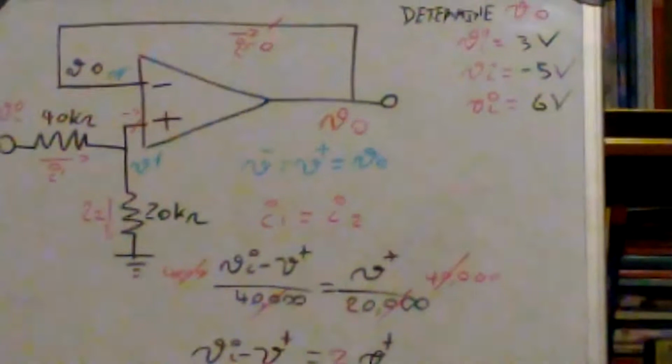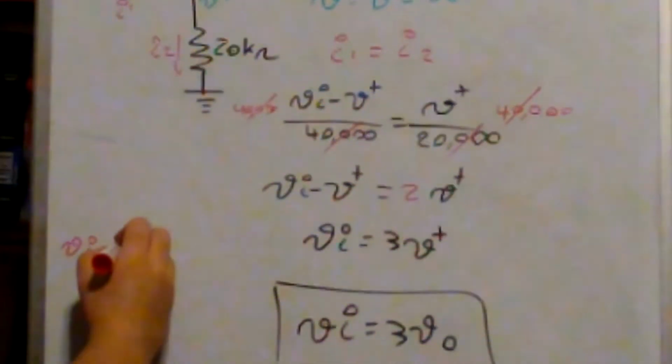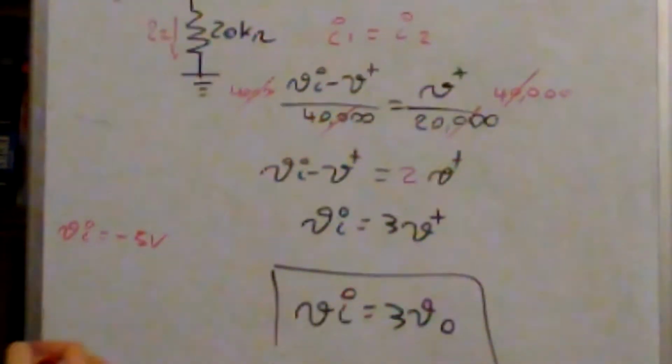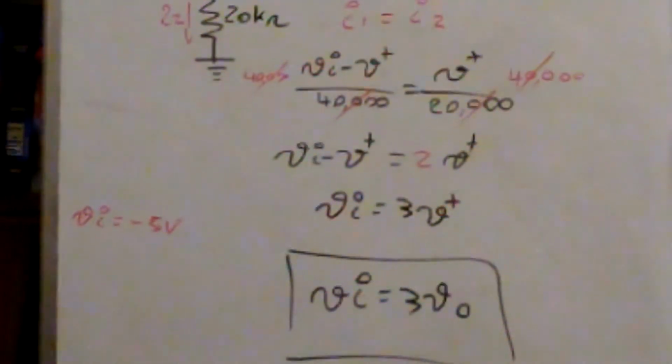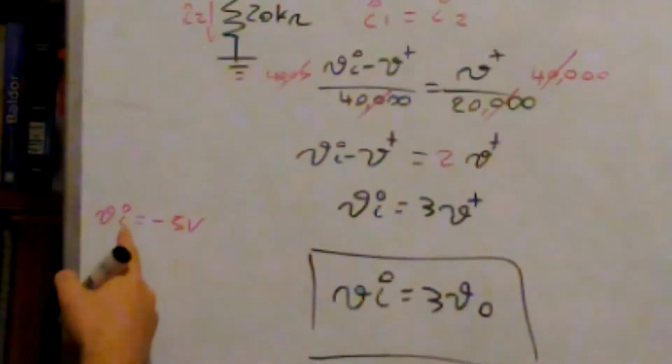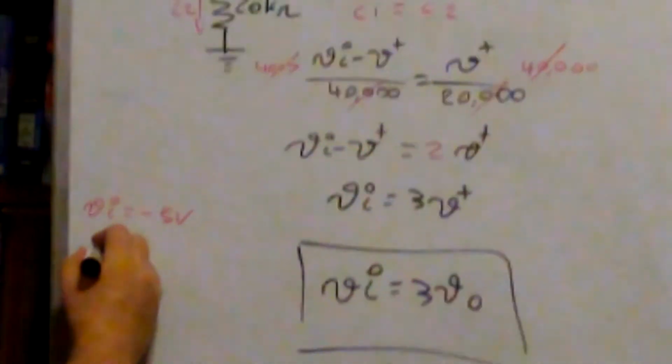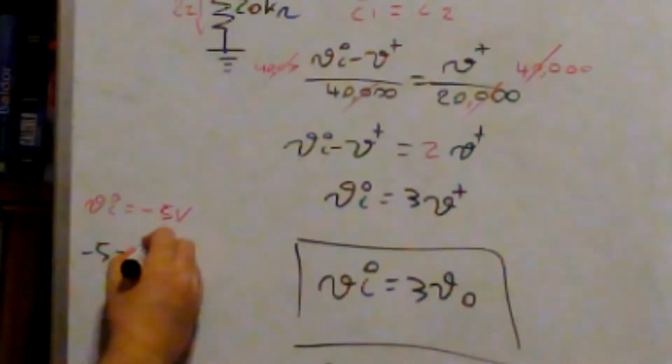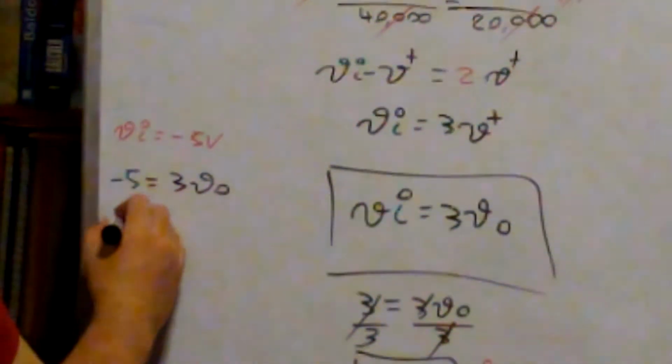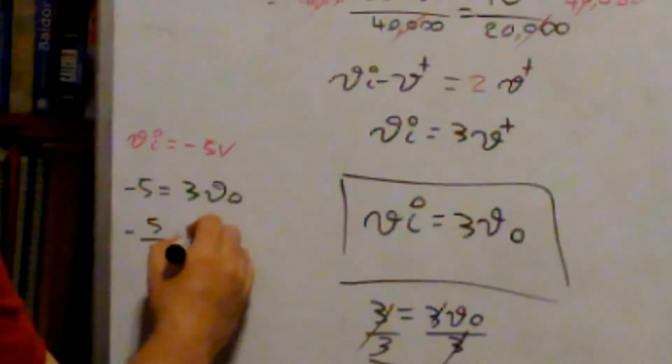Let's see the other case. What happens when Vi is equal to minus 5 volts? So minus 5 is equal to 3 Vout. Minus 5/3 is equal to Vout.